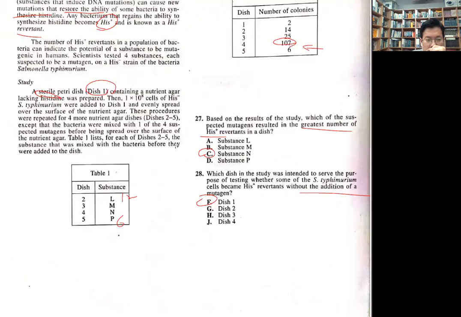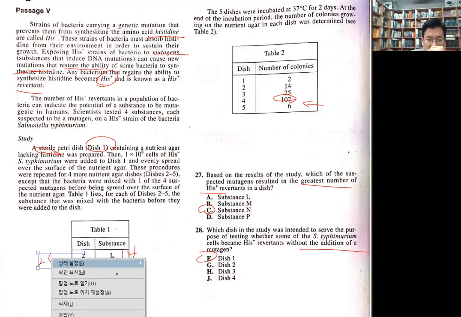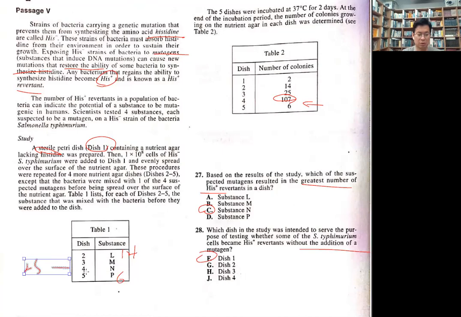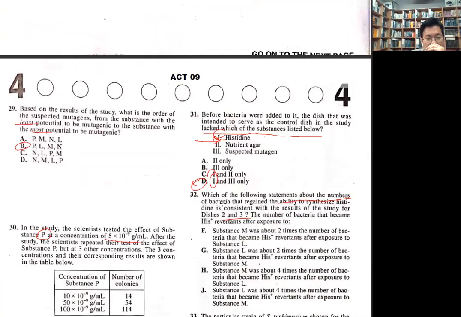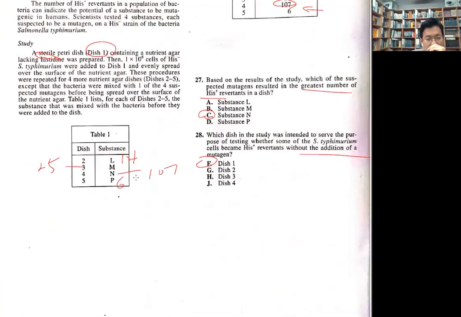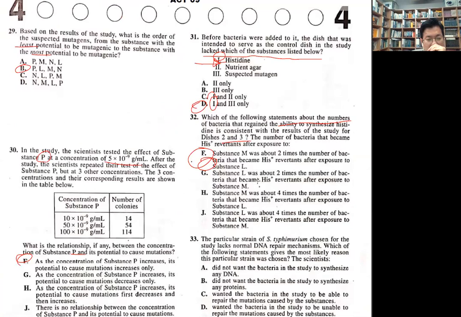L is 2. No, hold on a second. L is 14. M is 25. This is 20. M is. Oops. So M is about 25 and 14. No, this is opposite. 4 times.